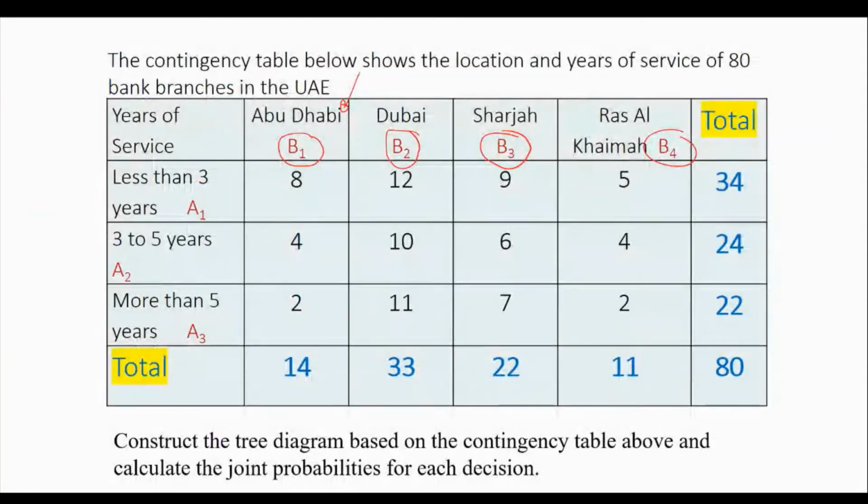A1, B1. We're talking about this one. 8 branches are in Abu Dhabi that have been in service for less than 3 years. So this is 8 branches out of the 34.